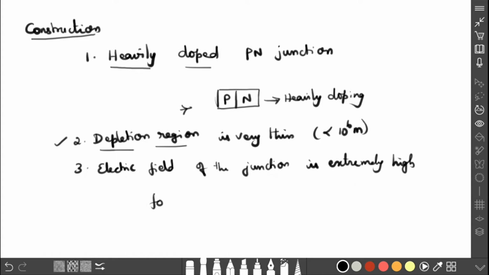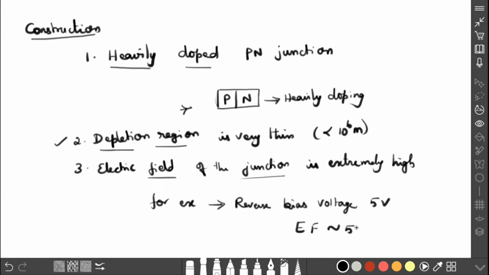For example, for a small reverse bias voltage, say 5 volts, the electric field of the junction will be approximately 5 into 10 to the power of 6 volt per meter.